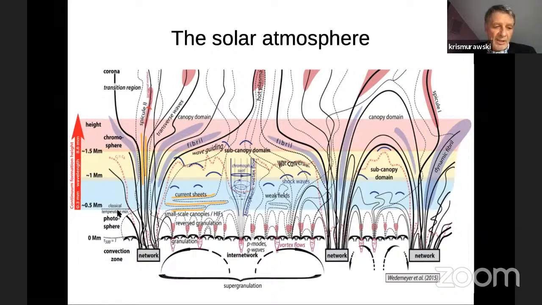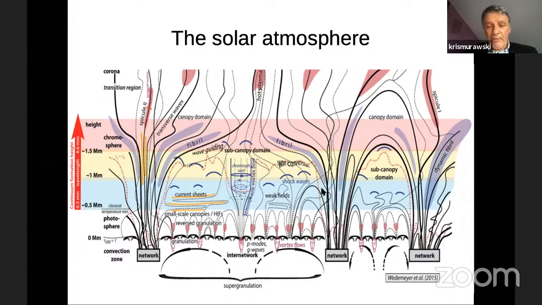I should perhaps say here that the average height of the photosphere is 0.5 megameters or 500 kilometers, and the chromosphere is 3 times higher. It is divided into 3 sub-regions, but perhaps that's not that important. The corona, as we said a while ago, lies above the chromosphere.